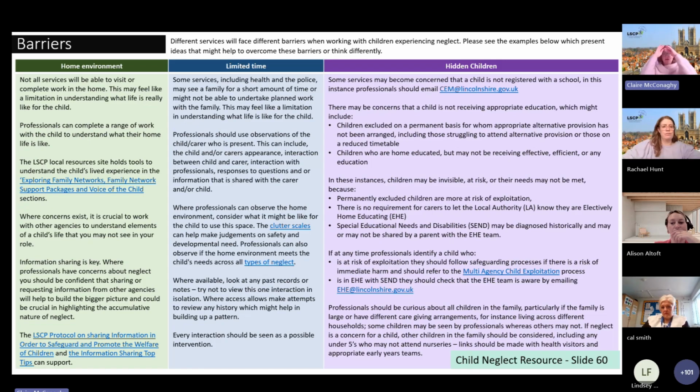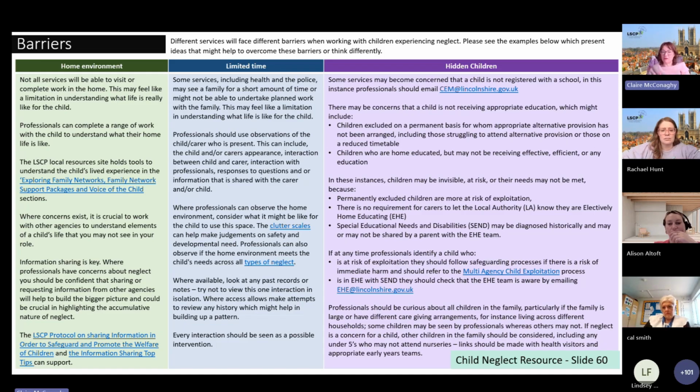And then just those barriers. So we put this in the resource, but it might be something you want to think about depending on your service remit and your agency remit in terms of where you see that child. We've put something in here.